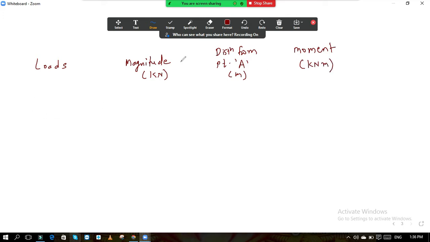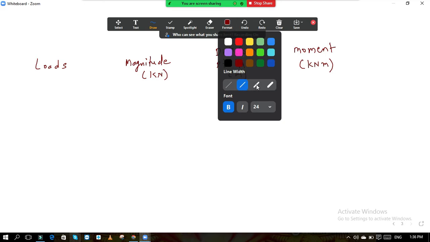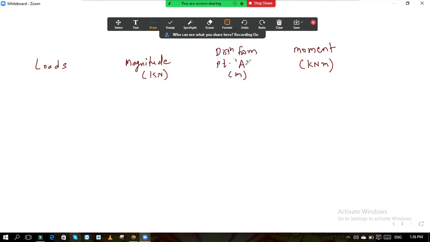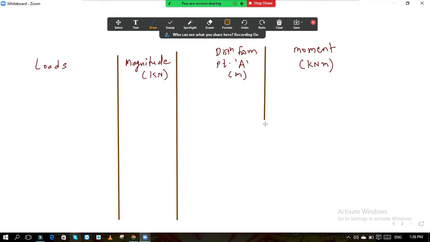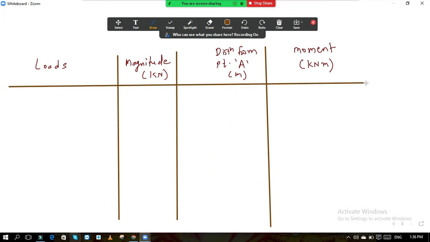So your first load, I will draw the lines. This is our table. Okay. So now our first load is W1.